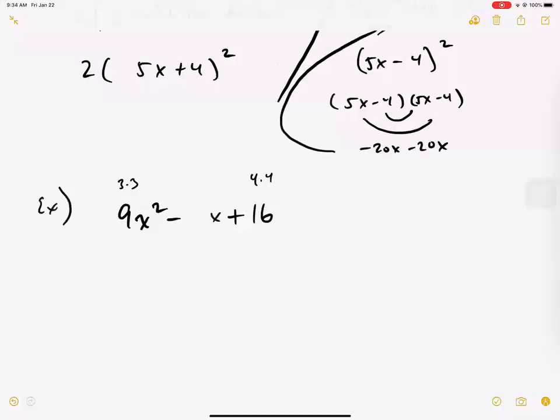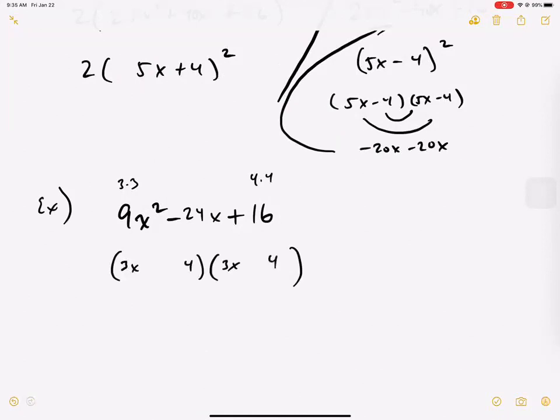Something x, right? 3 times 4 and 3 times 4, that's 12 and 12. So our middle term is going to be 24. Thank you. Good job. 24x, perfect. Now, if we would go backwards, since this is a perfect square, we know 3x and 3x and 4 in the back, we know for sure that's going to work.